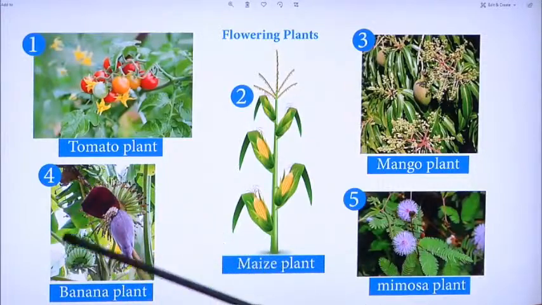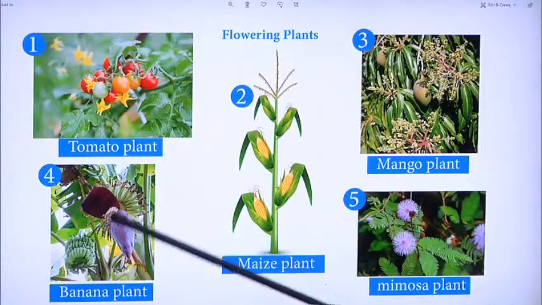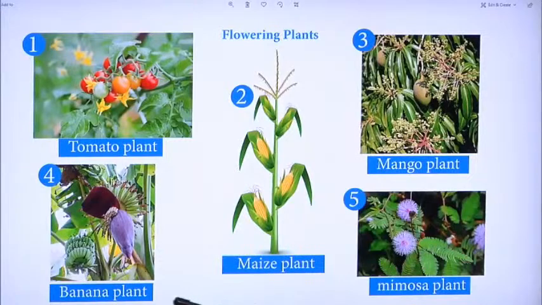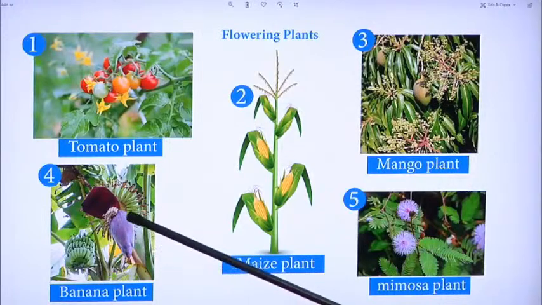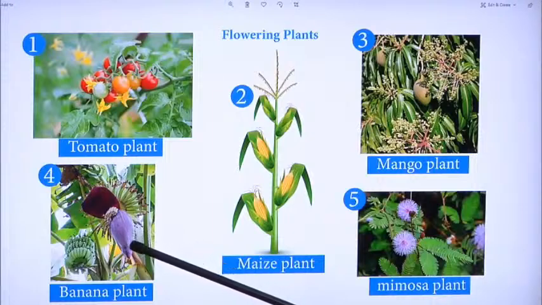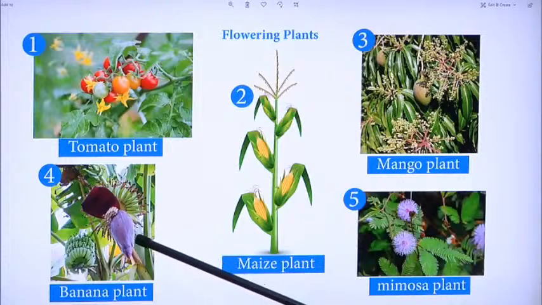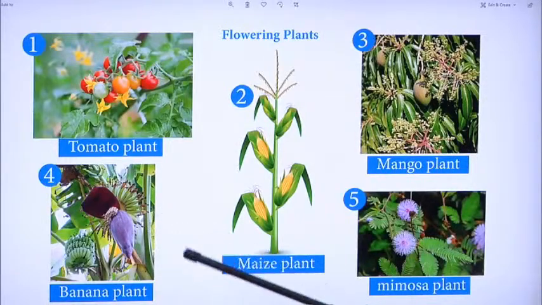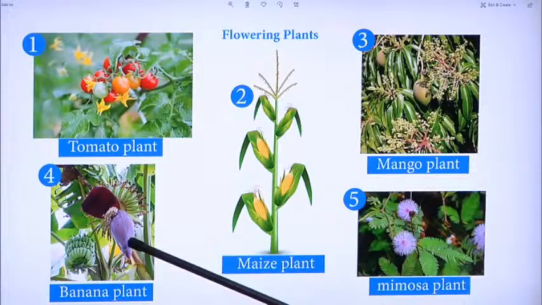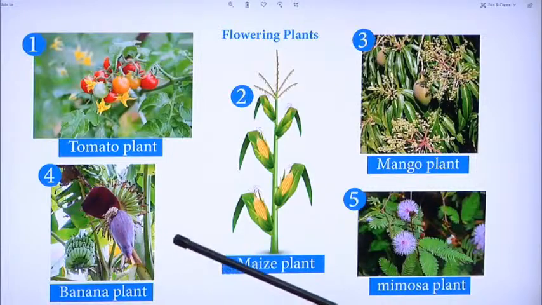What kind of plant is this? It is what? Banana plant. Let's see if it also has flower. Good. The color of the flower is what? Violet. Good.